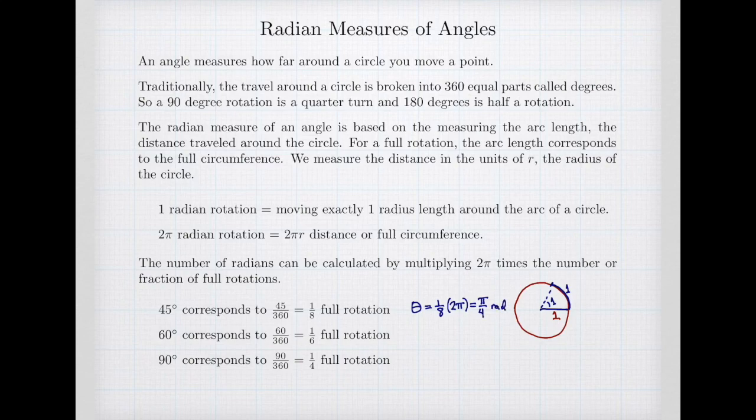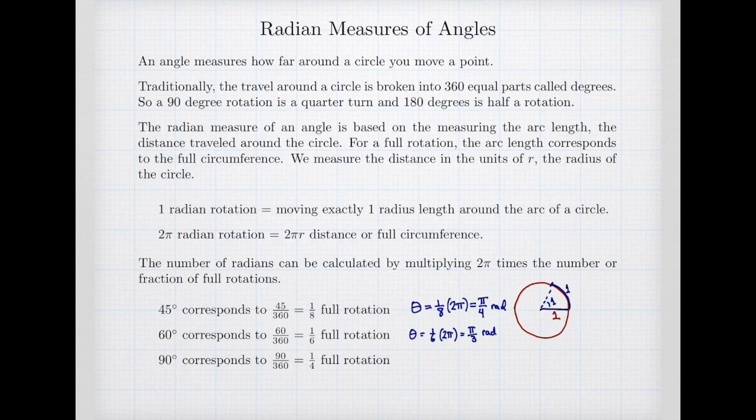Our second example, 60 degrees. 60 divided by 360, that's 1/6 of a full rotation. And so the angle that corresponds to 60 degrees in radians is 1/6 of a full rotation. That's 2 pi radians, and so that's pi over 3 measured in radians.